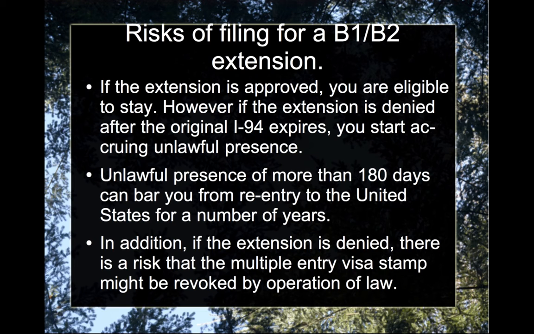For example, let's say it expires on June 30th, 2016. You file an extension around the beginning of June, and you didn't get an answer until the end of July. If you get a positive answer at the end of July, you're fine, you continue normally. But if it gets denied July 30th, that means you accrue 30 days of unlawful presence.